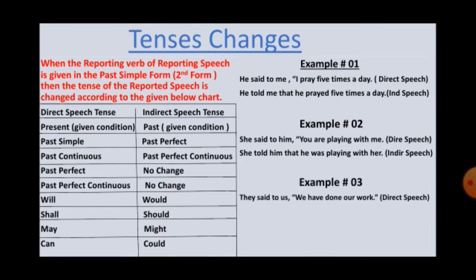It is also direct speech, and present perfect is given in the reported speech, and with a second form in the reporting speech, it must be changed according to the chart which I have placed here. They told us that they had done their work. Why? Because present perfect changes into past perfect.